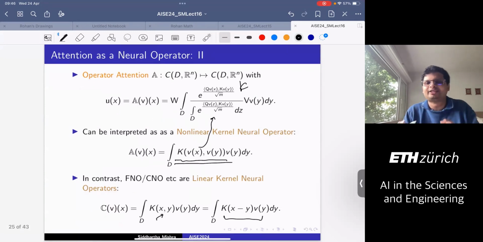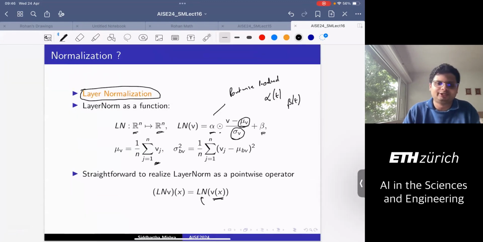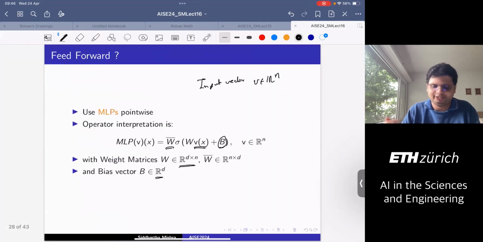Now, softmax by itself is not good enough to provide you universal approximation, because you can ask, why do you need an MLP? What softmax does is that it provides some spatial mixing. Things are mixed in space, but you still need to do some universal approximation pointwise. And that's why the simplest thing is to put in a ReLU or a GeLU or whatever function that you have. So the nonlinearity in the MLP comes from there.